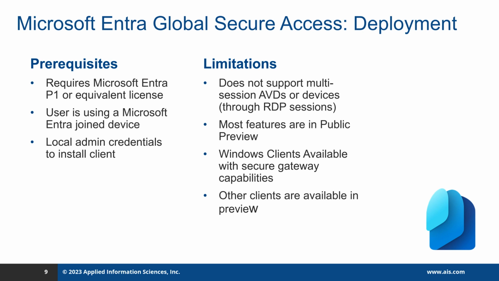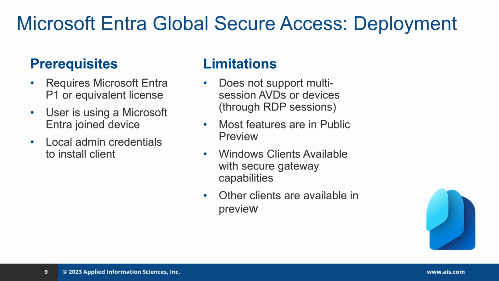Here are some of the prerequisites and limitations of Entra Global Secure Access. It requires an Entra P1 or equivalent license. The user has to have their device Microsoft Entra joined. And you also do need local administrative credentials to install the client.